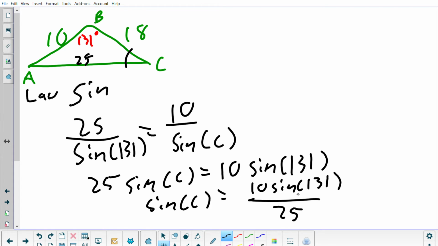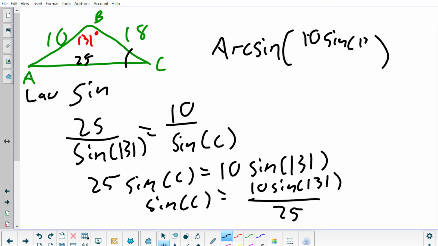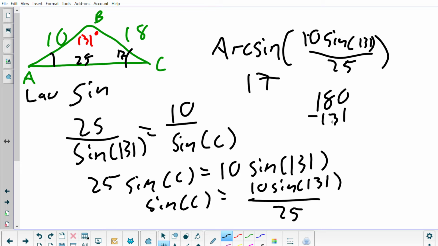And then I plugged this into my calculator and then did arc sine of that number. So I just typed it in as one giant thing. And then I got 17 degrees. So this is 17. And then to find this last angle, it was just 180 minus 131 minus 17. And I got 32.